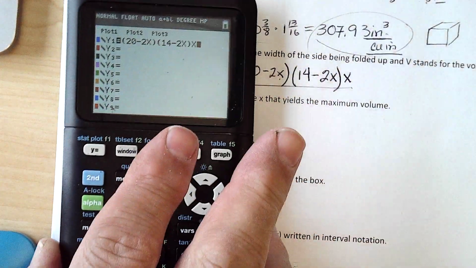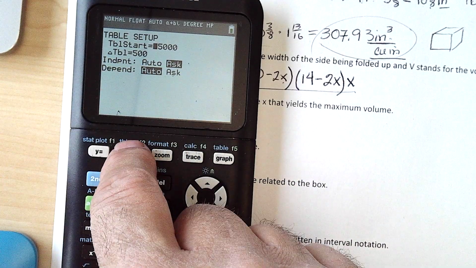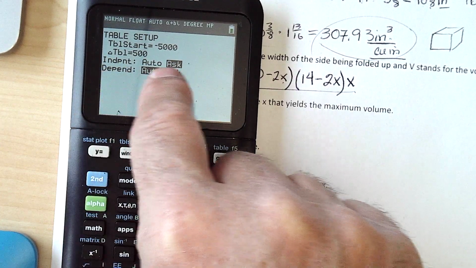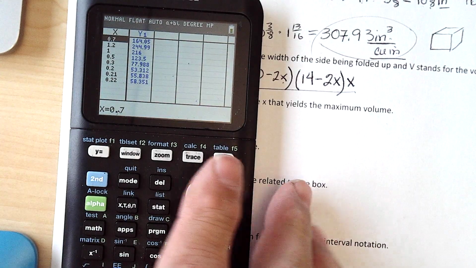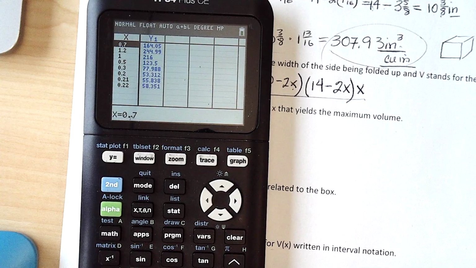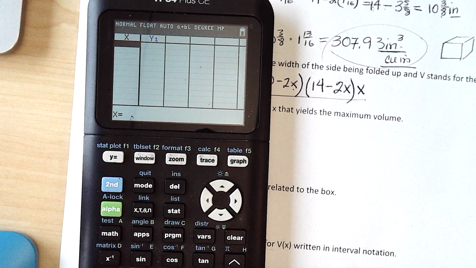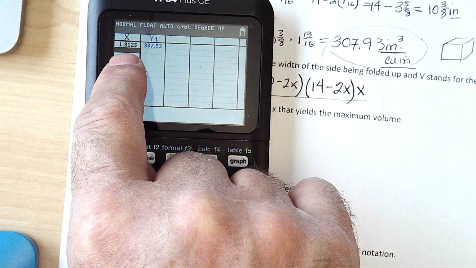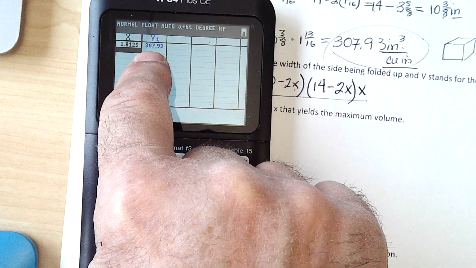And if I have the table set like I do, to independent on ask, I can go to the table and type in whatever size I want. So I'm going to delete all the sizes I've put in here, and I'm going to put in 1 plus 13 divided by 16, and it'll tell me if I use that size, I'm going to get 307.93. Okay?